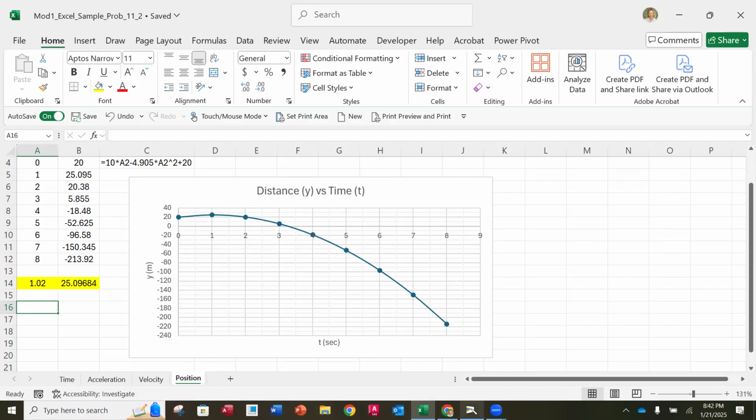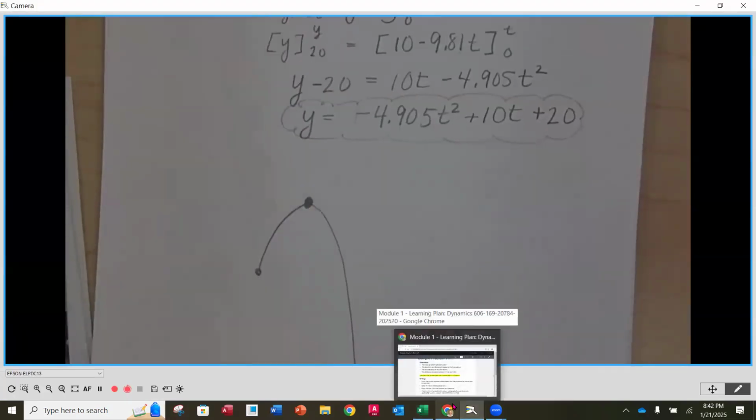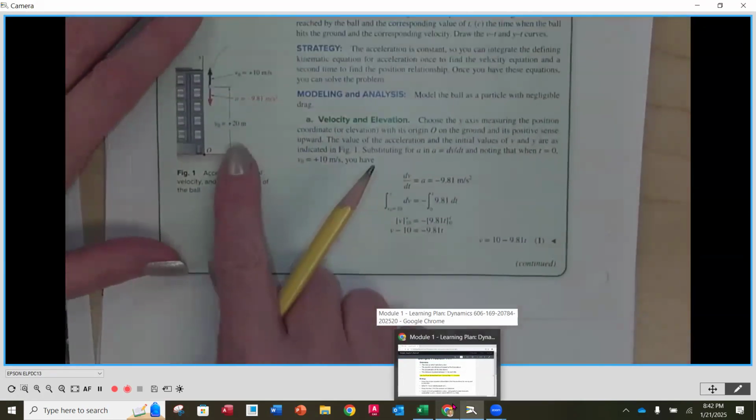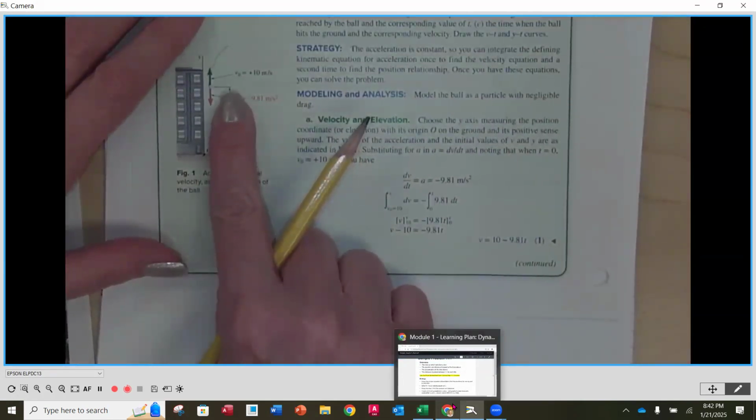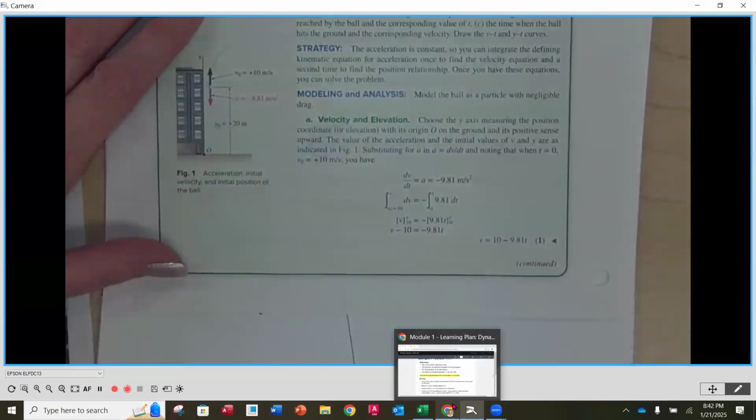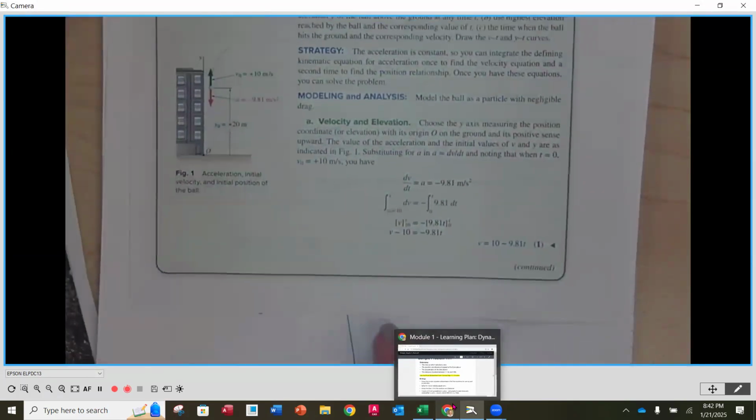Remember, in this case, we set the origin at the ground. So that means its highest elevation is going to be 25.1 meters above the ground. Okay.